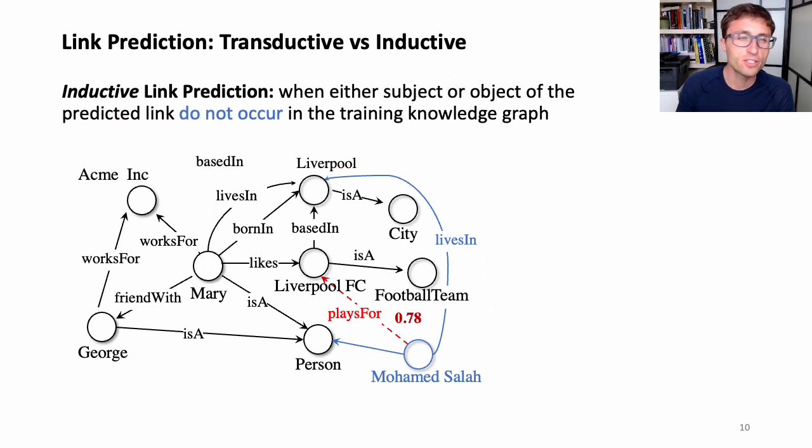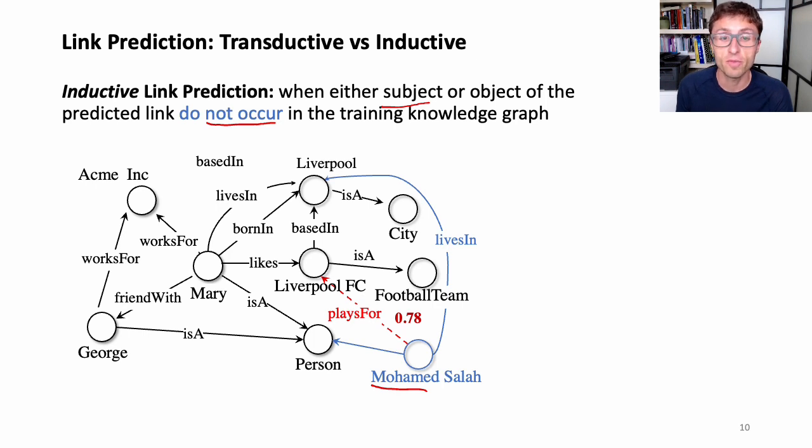But there is another flavor of link prediction, which is known as inductive link prediction. This is when either the subject or the object of the link that we want to predict does not occur in the training knowledge graph. Like in the picture on the screen, pretend that there are a couple of triples, like Mohamed Salah is a person and Mohamed Salah lives in Liverpool, that do not occur in the training knowledge graph.